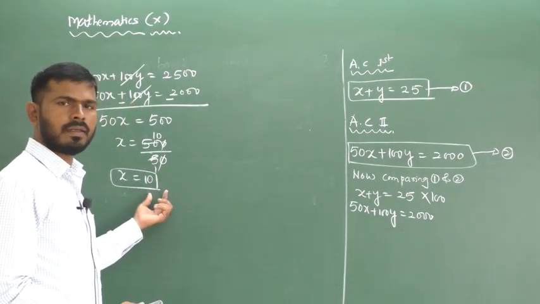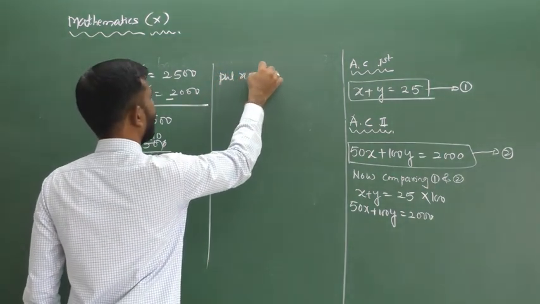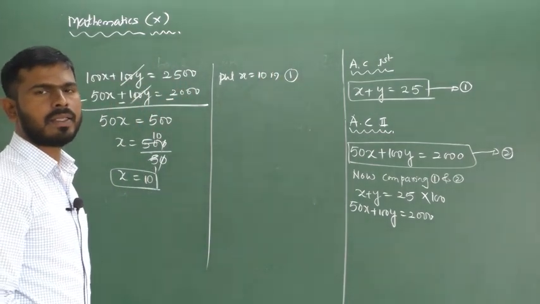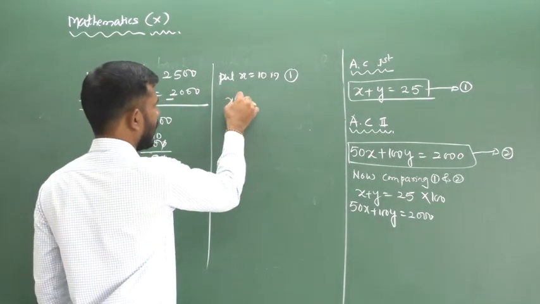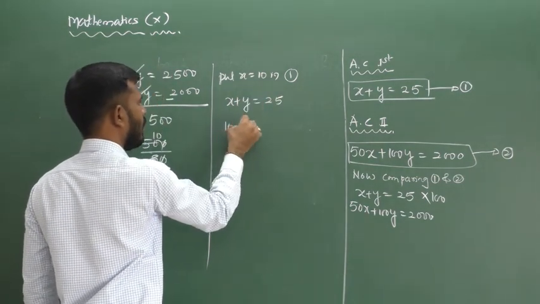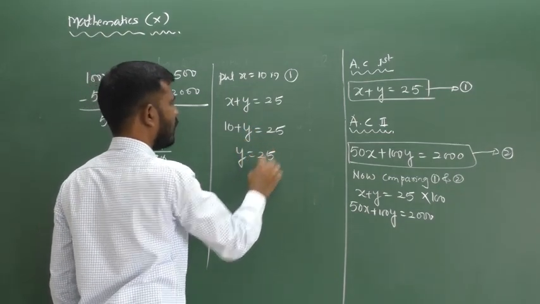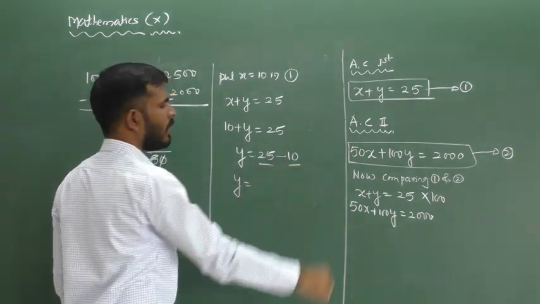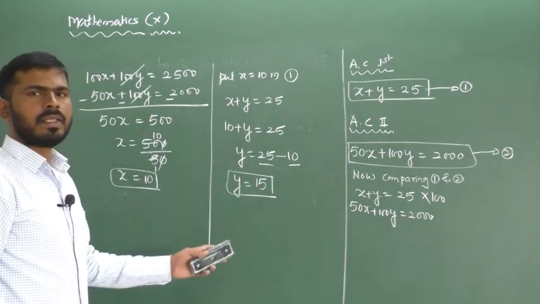Next, substitute x equal to 10 in equation number 1 to get the y value, the number of notes of rupees 100. x plus y equal to 25 becomes 10 plus y equal to 25, so y equals 25 minus 10, which is 15. This is the y value.